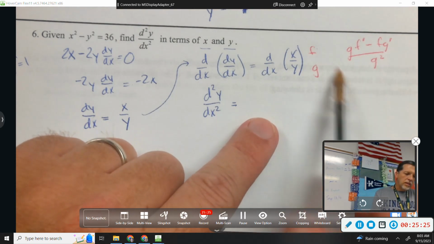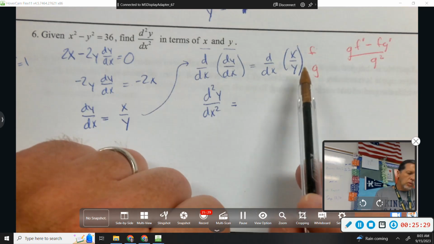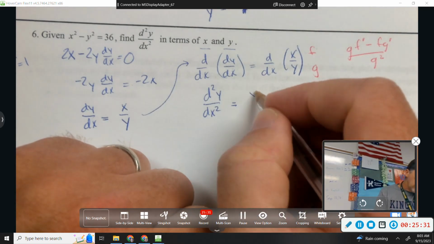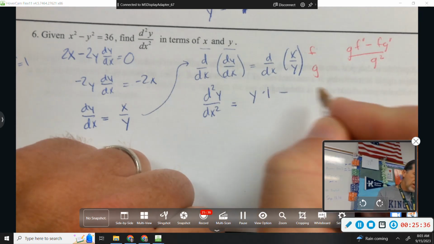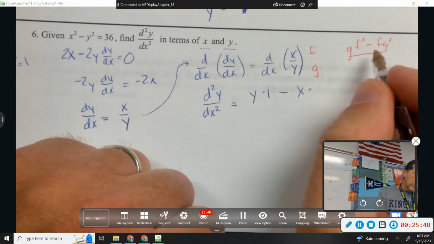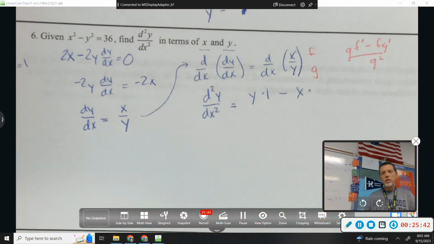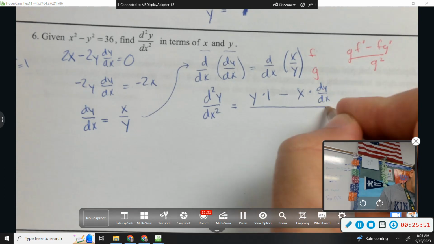Did write out the formula though. So gf prime would be y times the derivative of x, which would just be 1, minus f times the derivative of g. What's the derivative of y? dy dx. Over the bottom squared, y squared.